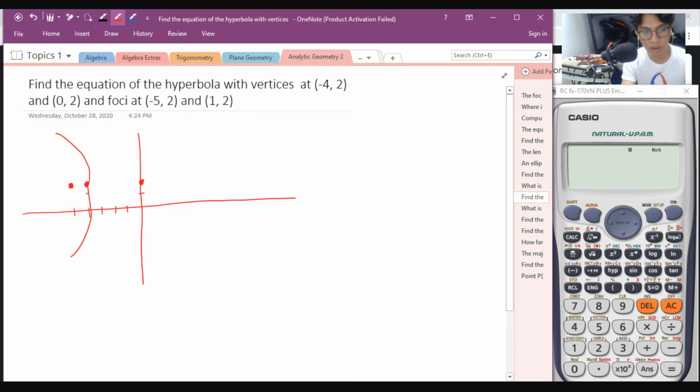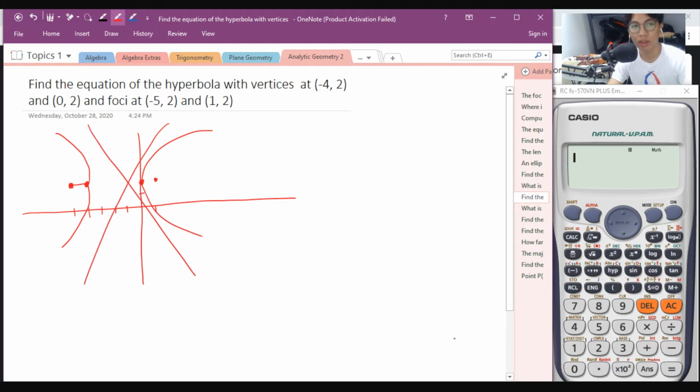The focus is there. Pangit ang drawing ko. Pasensya nyo na. Tapos yung isa, 1, 2. Nandito, tapat. May hyperbola natin. Yan. So, find the equation. Very basic naman eh. Meron ka ng 2a.